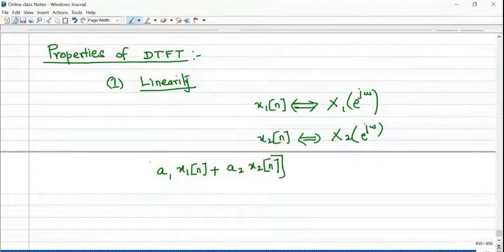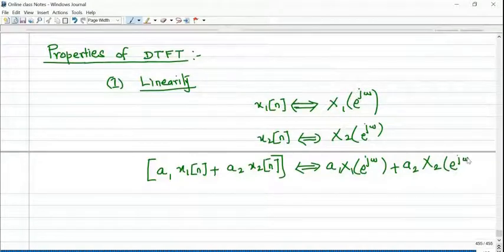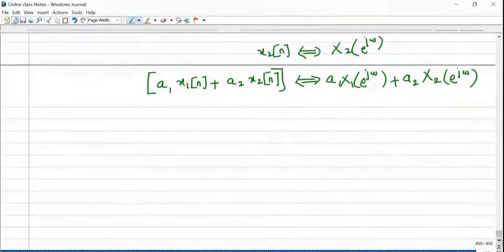If we apply the DTFT for this entire signal, the result would be equal to a1 X1 of e power j omega plus a2 X2 of e power j omega. Okay, so this is the linearity property of DTFT. Property number 1.